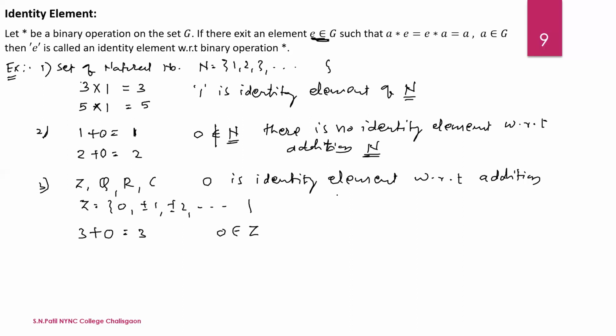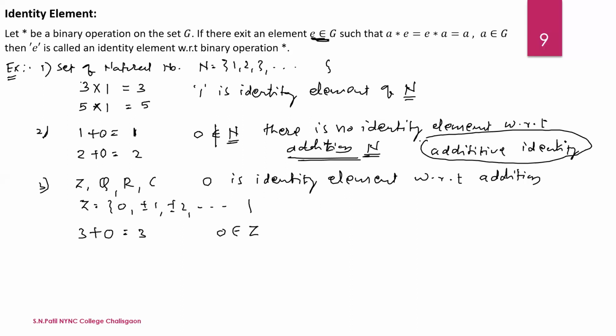If the operation is multiplication, we call it the multiplicative identity.